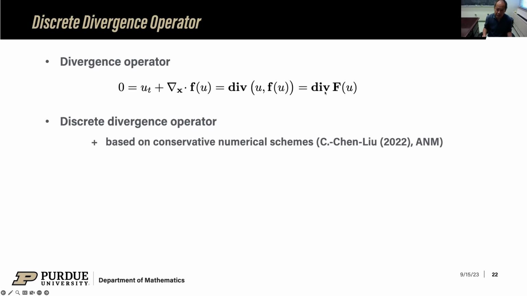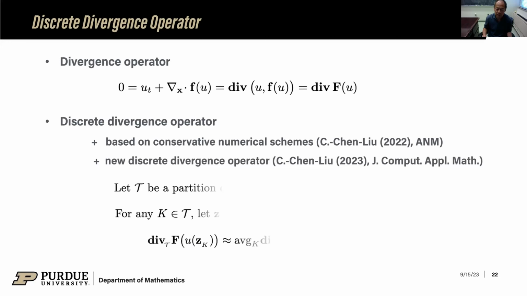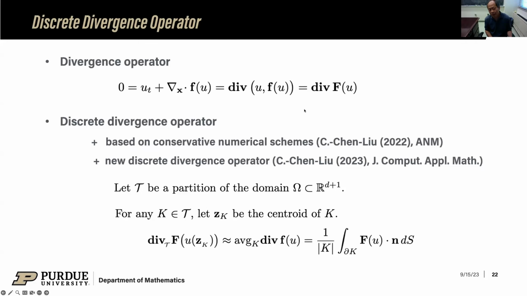Again, we have to go back to the physics. I understand the divergence this way: take any volume, integrate over this volume, write it as the flux through the surface, and then take the limit as the volume approaches 0. This is the meaning of the divergence.